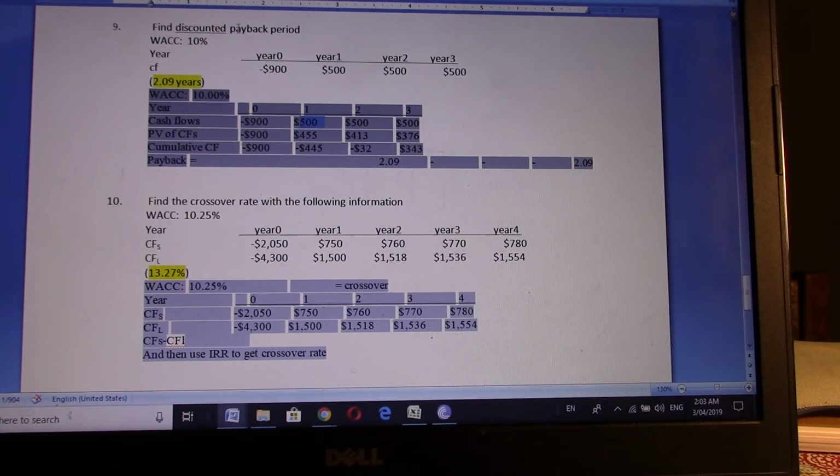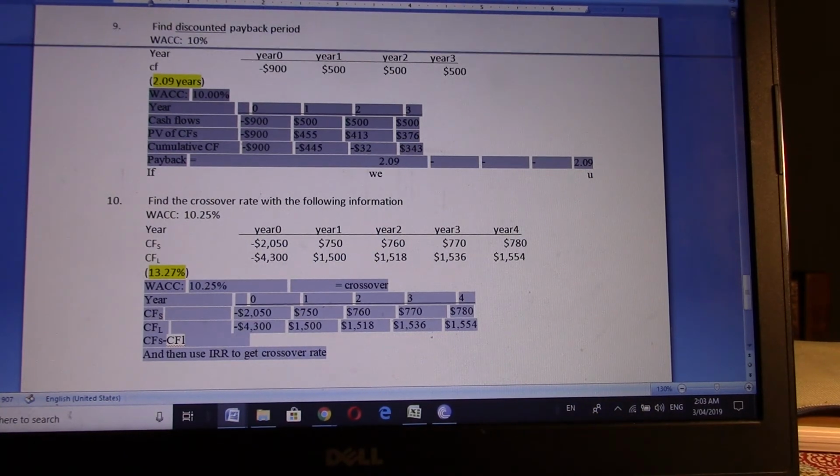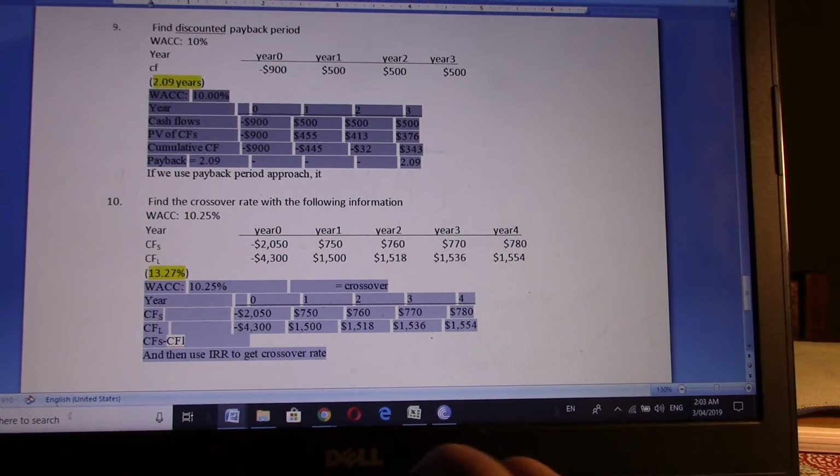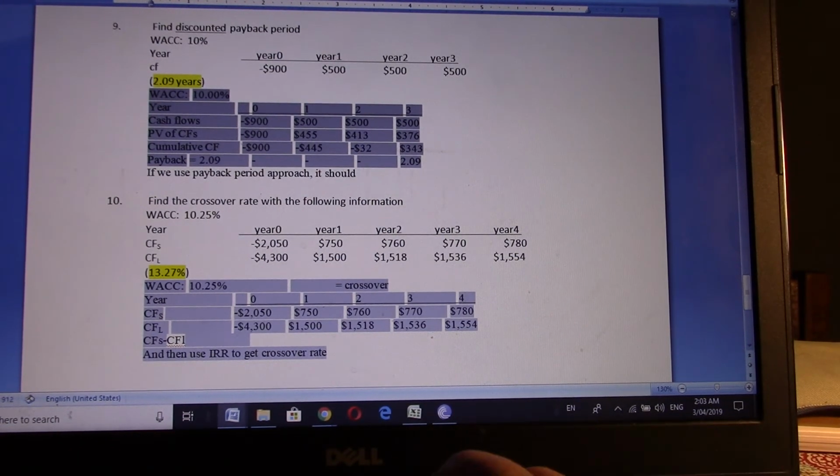So with the payback period approach, your answer should be 1.8 years to pay back your debt.